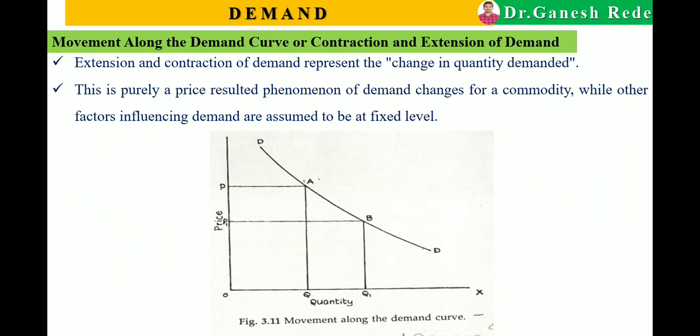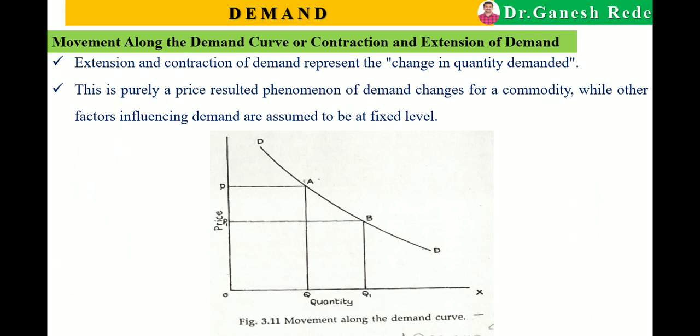Here clearly you can see the original price is 20 and the decreased price is 16, with quantity Q original and Q1 the changed quantity. Extension and contraction of demand represent the change in quantity demanded because of price only. This is purely a price-resulted phenomenon, while other factors remain unchanged or fixed.